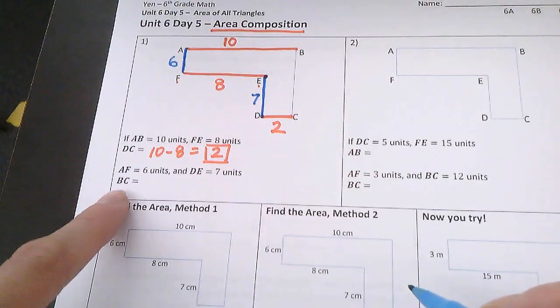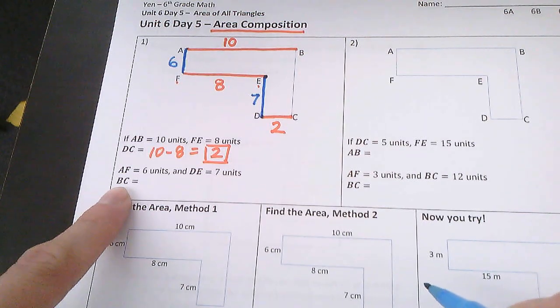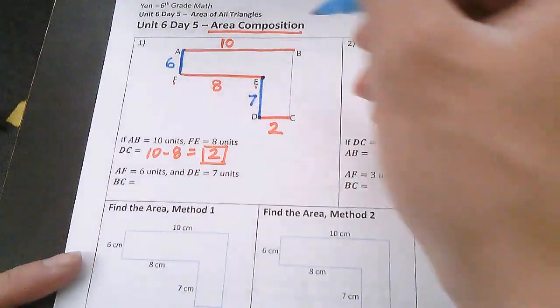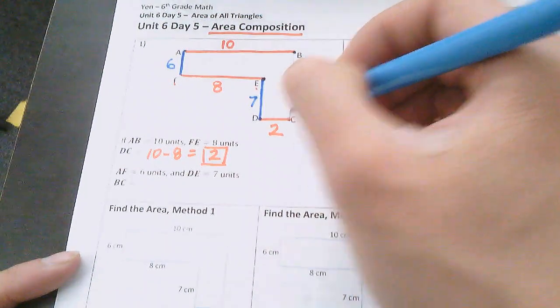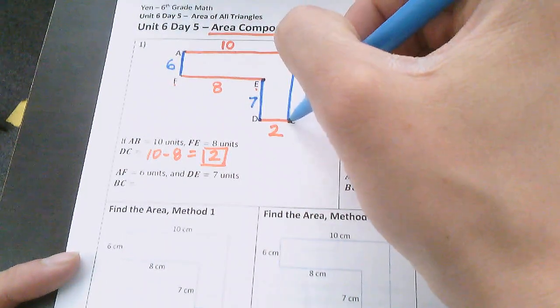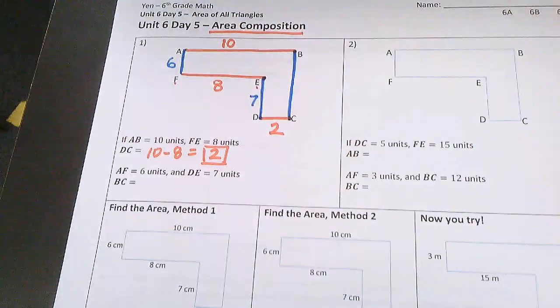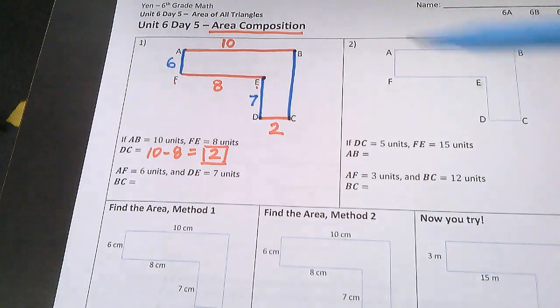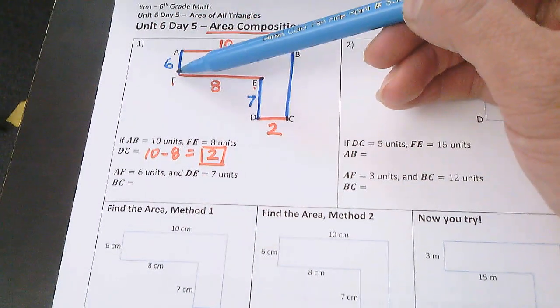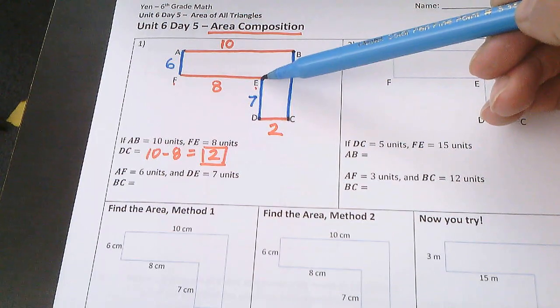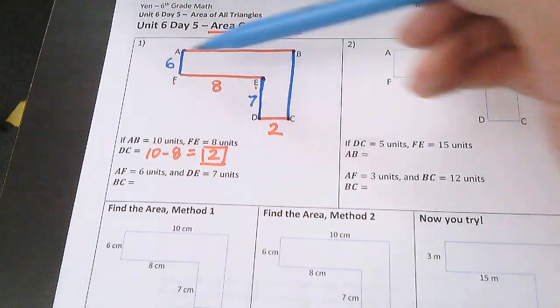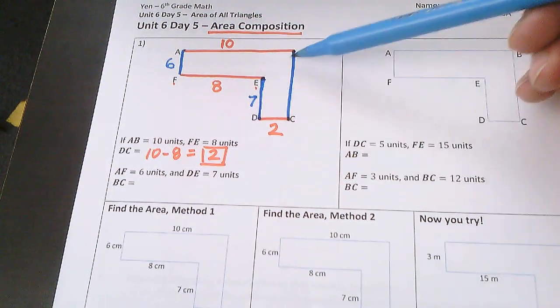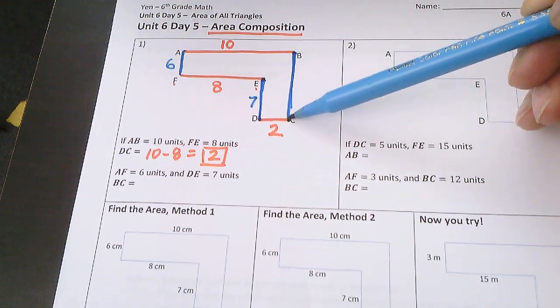And then it's asking us to find what would side length BC be. Well, here's B and here's C. So we're trying to figure out what all of this is. And notice that AF plus the side length DE here, these two added together would be equal to all of this side length here.